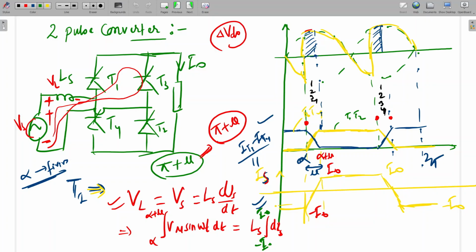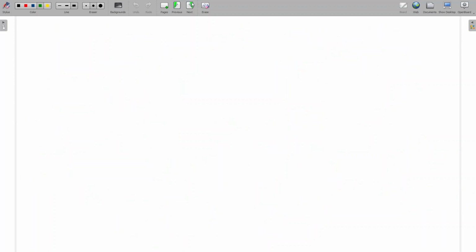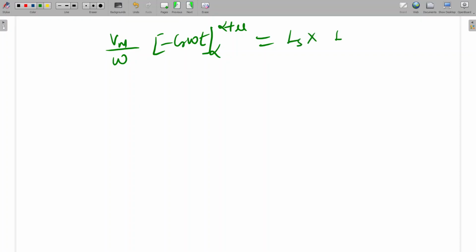Same thing we can do. Simplifying this: Vm upon omega, minus cos omega t from alpha to alpha plus mu, and this side will be Ls into Is. What is the limit? Minus I naught to I naught.